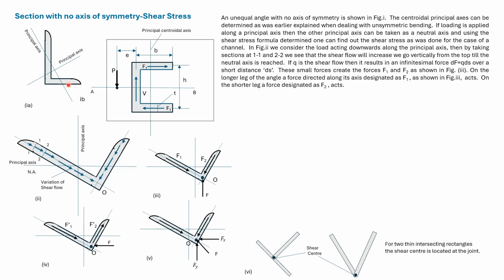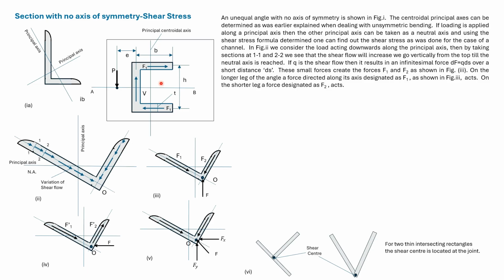Here the angle has been rotated, so one principal axis is vertical and the other principal axis is horizontal. Let us consider that we apply a force along this principal axis. Then this principal axis is the neutral axis. We can find shear stress and shear flow along the length of the section.